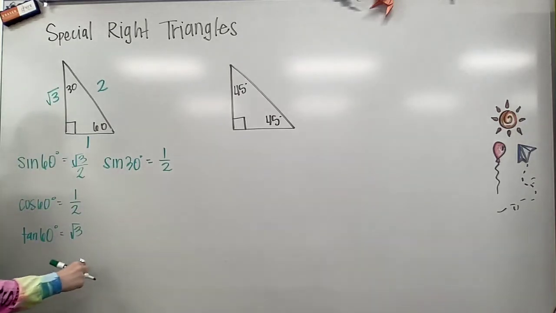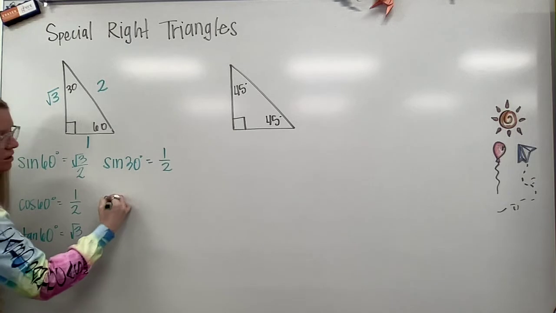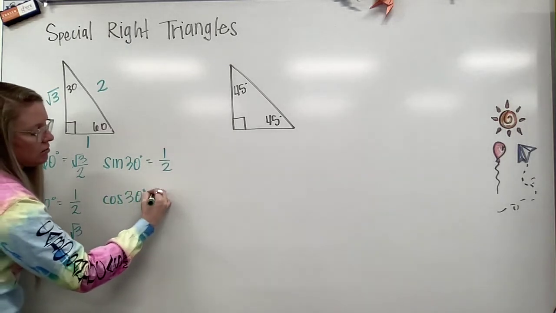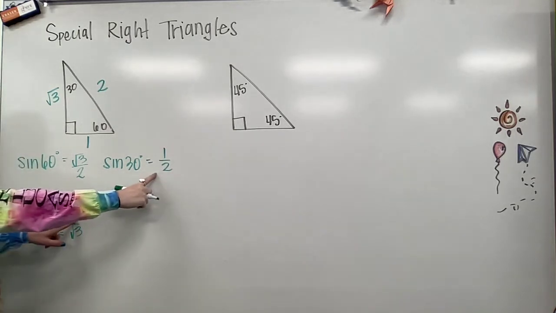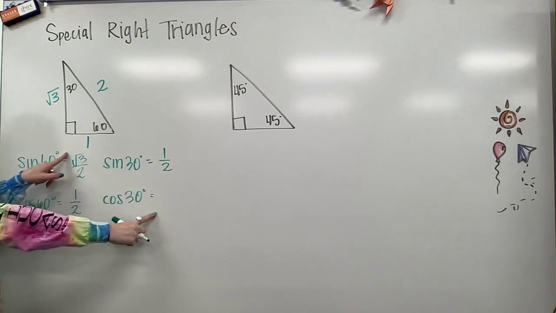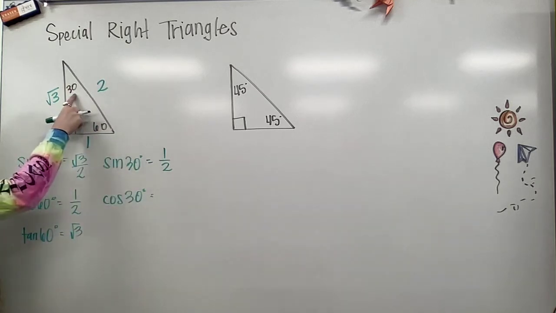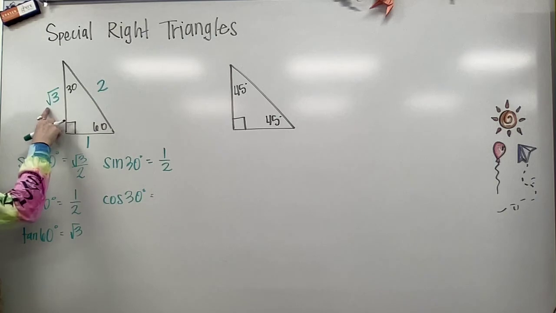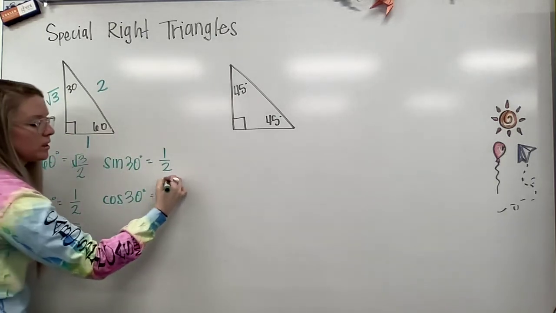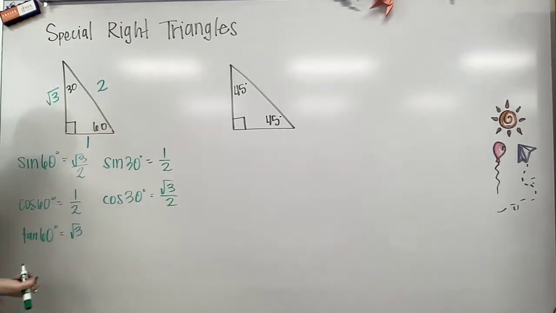So you could probably guess what would be the cosine of 30. Well, if these two switched, I think these two are going to switch. Let's take a look. At 30, adjacent is now the root 3, so we get root 3 over 2. Boom. Nice, right?